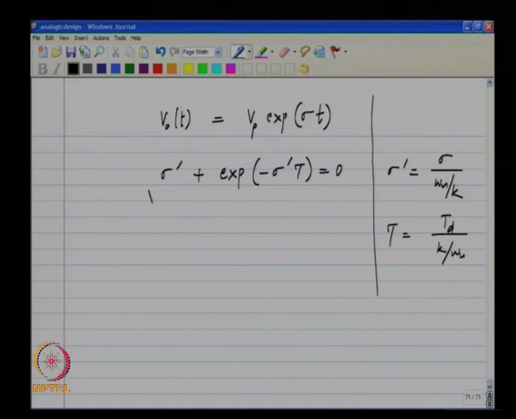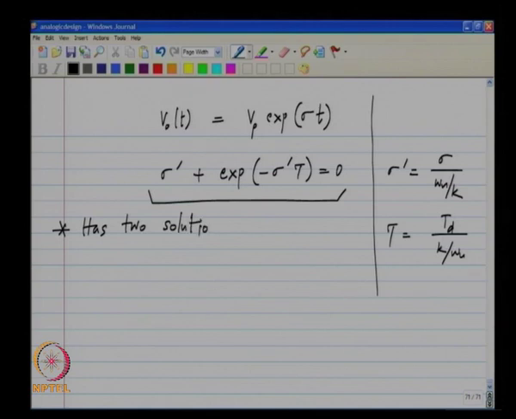And we find that this has two solutions for tau less than 1 by e.